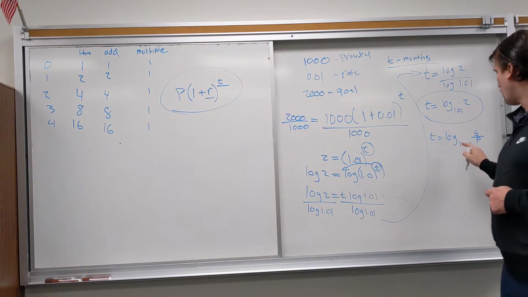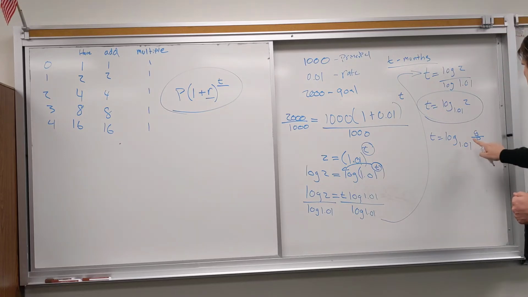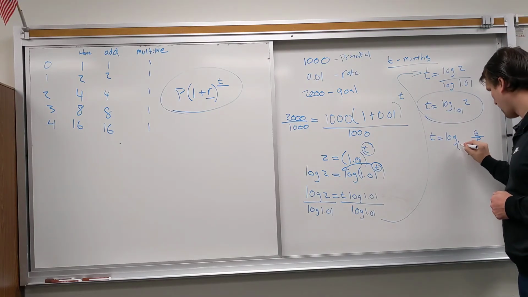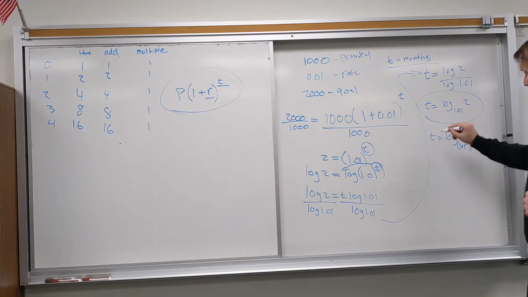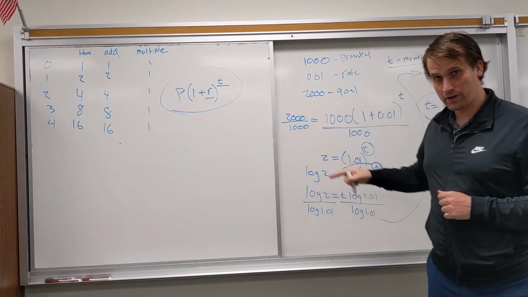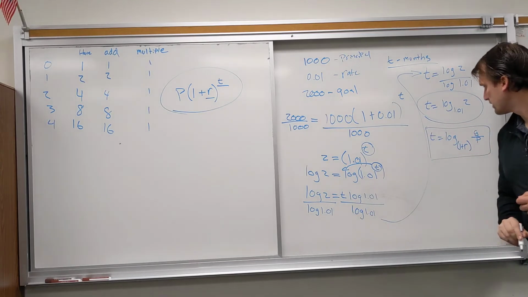And then 1.01, that was 1 plus our rate. So what that means is, if we want to know how much time it's going to take to get to any value, we can jump straight to here.